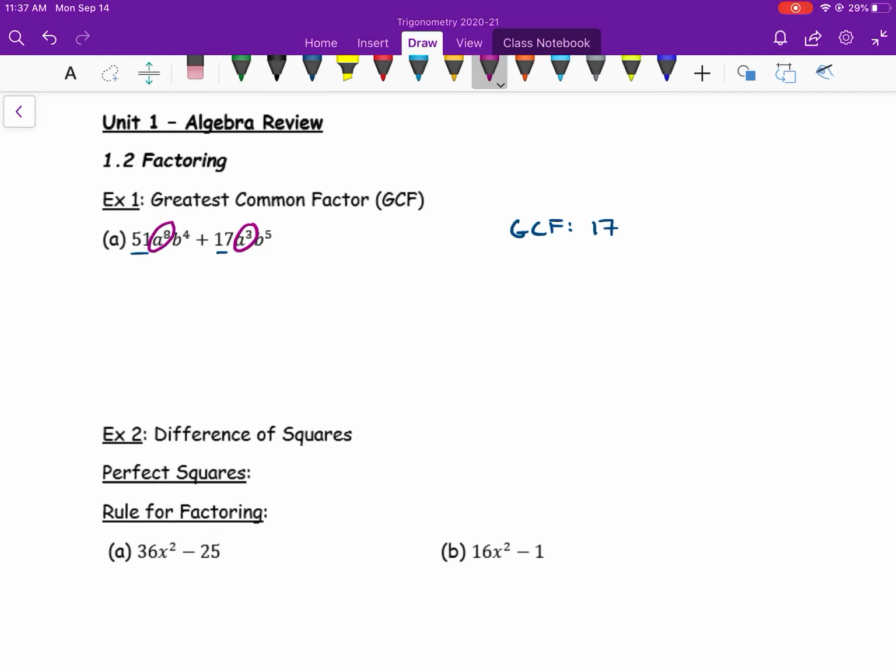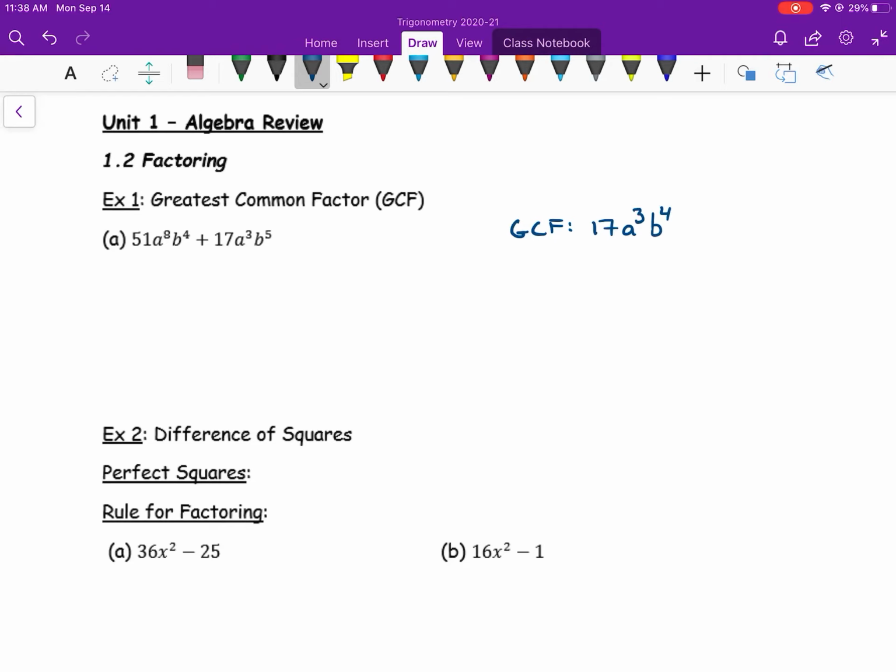They both have A's, and I'm going to take the lowest exponent of A, which is A cubed. Then I'm going to look at my B's. I have B to the 4th and B to the 5th, so my lowest exponent is 4. So the greatest common factor is 17a cubed b to the 4th.